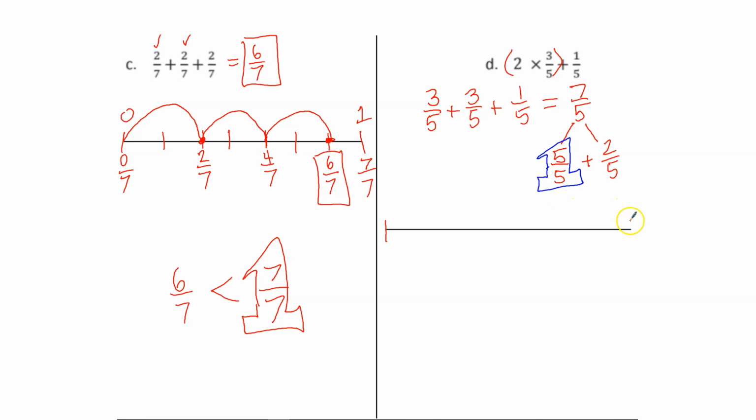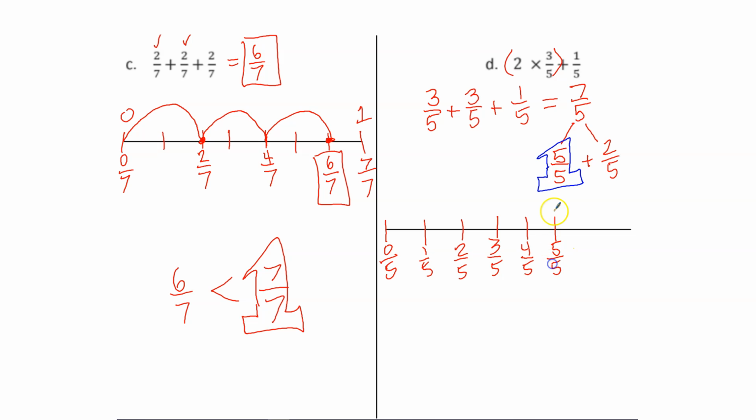All right, let's take a look at that on the number line. Now we can't go out to 1 here because 7/5 is greater than 1. 5/5 is equal to 1. 7/5 is greater than 1. So we got two options. We can either just draw our fifths in and go 0/5, 1/5, 2/5, 3/5, 4/5, 5/5.